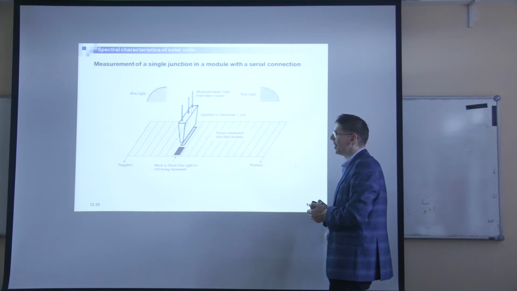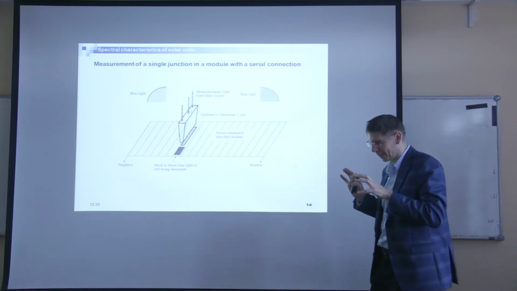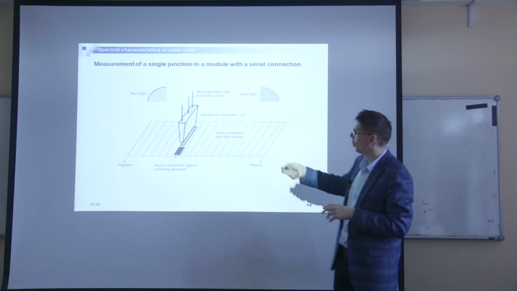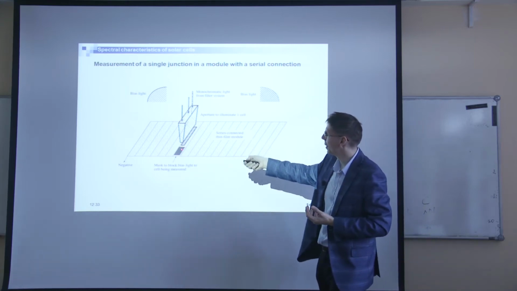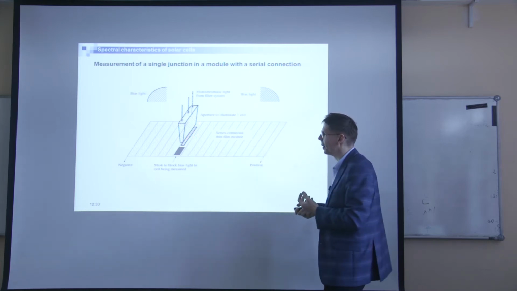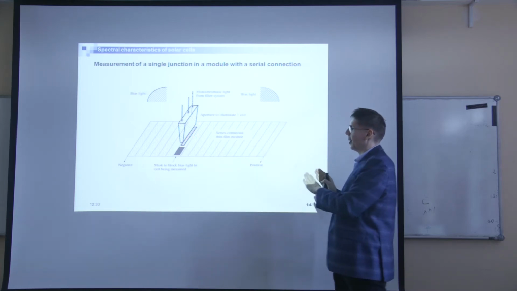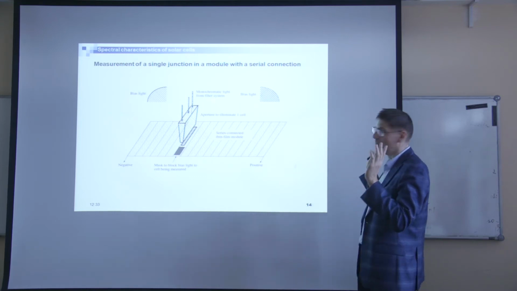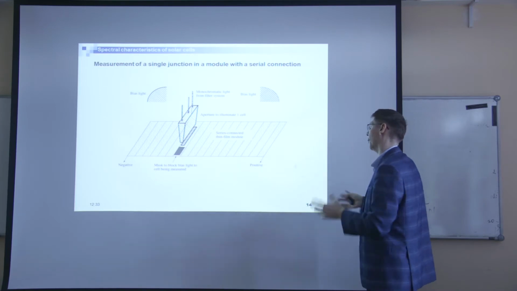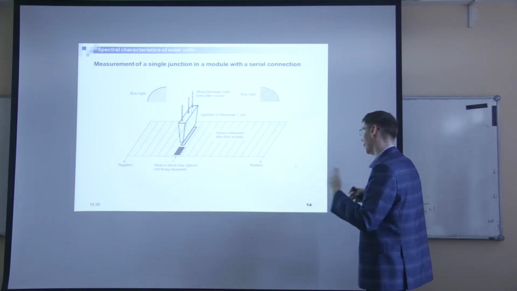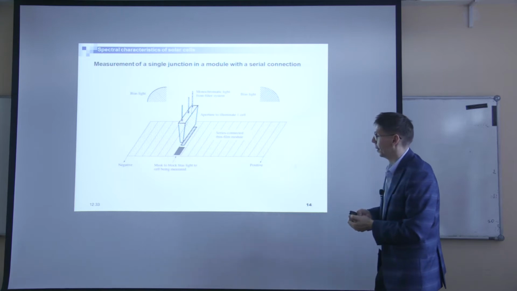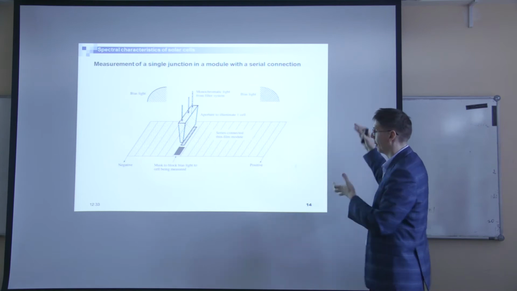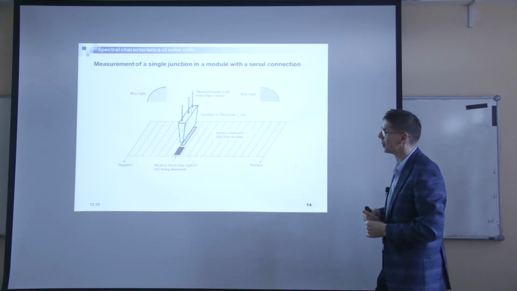And actually here there is approximately the same approach, because you want to select the signal from a separate junction, a separate cell, because it could be just a module of a different design, like crystalline silicon with different wafers which are connected in series.